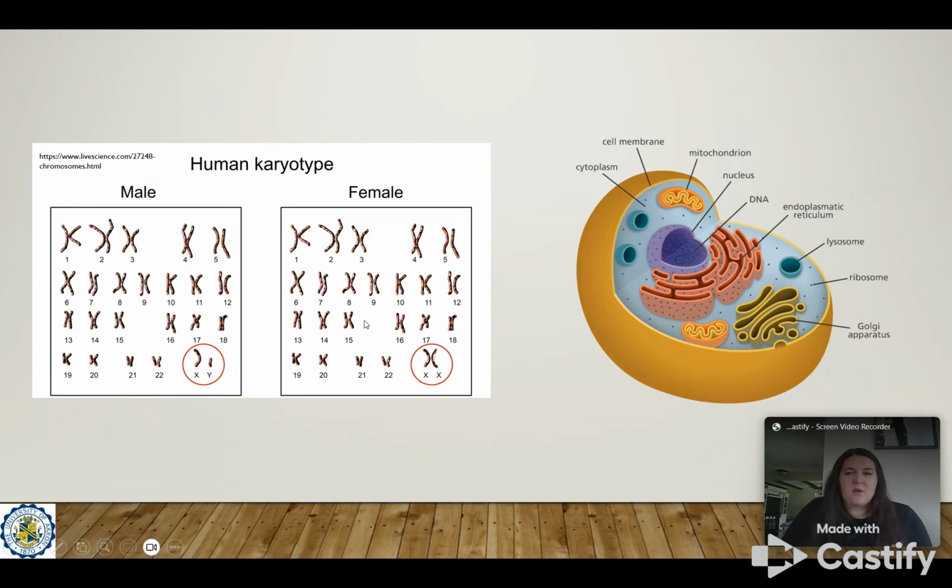And each of these pairs makes 46 individual chromosomes. And our human cell looks like this, and it has all of these parts and pieces to it, and if you see there, each cell has DNA in it, and that's the code that makes us be expressed as who we are, what you can see on the outside, and also what is happening on the inside of our bodies.